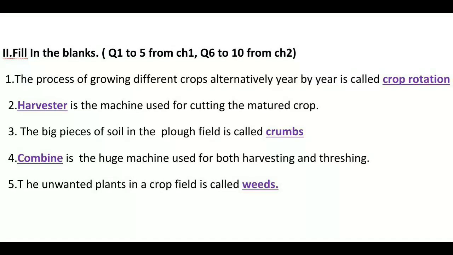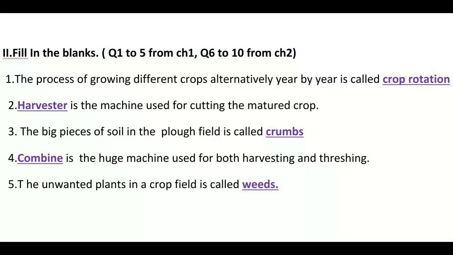So next is the unwanted plants in a crop field are called dash, and it is named weeds. Weeds are the unwanted, undesirable plants which are not required for us. Suppose we are growing paddy plants, then if any other plants grow with them, those plants are not required for us.